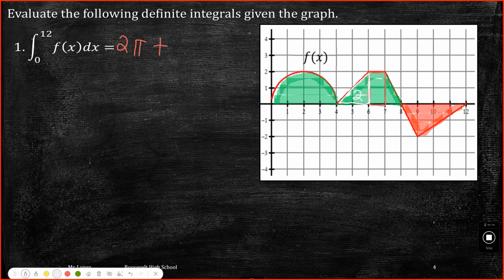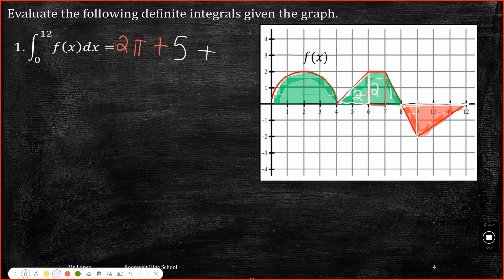This is 2, this is 2, and this is what? 2 is 1. So that's going to be what? 5? Plus what? This one is just base times height divided by 2. Base, what's that? 4 times 2 is 8 divided by 2?